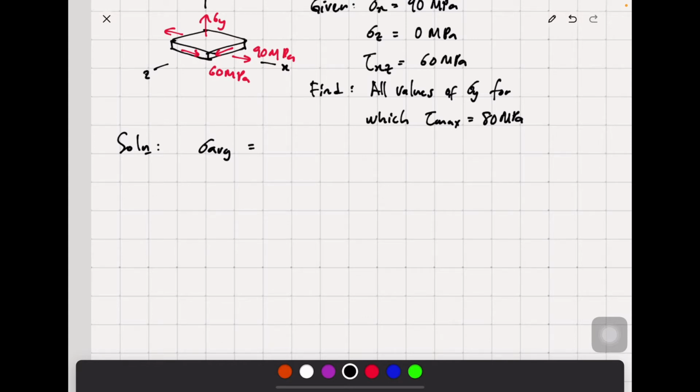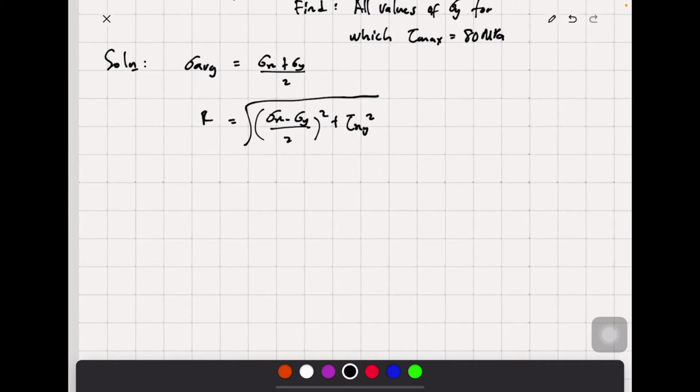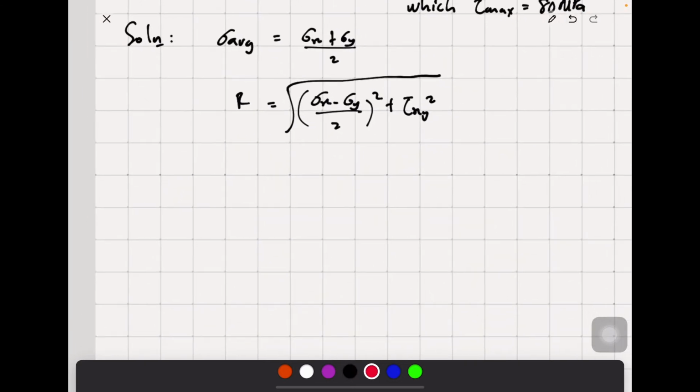Perhaps it is good for me to recall sigma x plus sigma y over 2, and the formula for r, the radius: the square root of sigma x minus sigma y over 2 squared plus tau xy squared, and the value of the square root is your radius for the circle. But we do not have sigma y. Sigma y is what we are looking for, right? This is the value that the question is asking us.